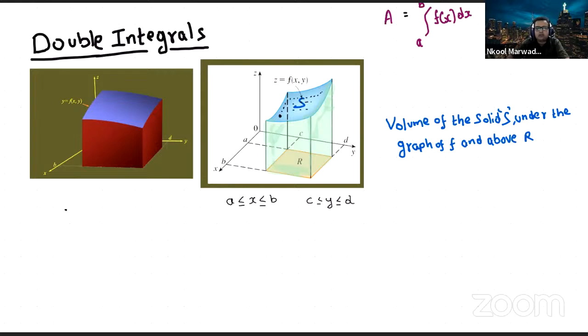Now what I will do, I will divide the x interval into m parts of equal width. So the width of each part will be delta x, which is (b minus a) by m. Whatever the interval is, I am breaking it into equally sized rectangles and calling the width delta x.